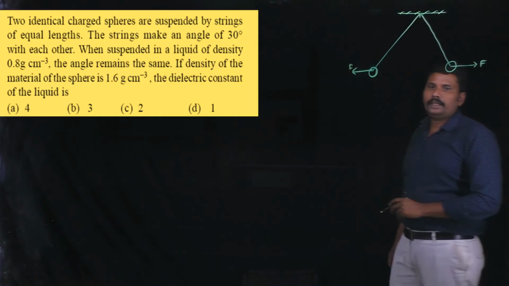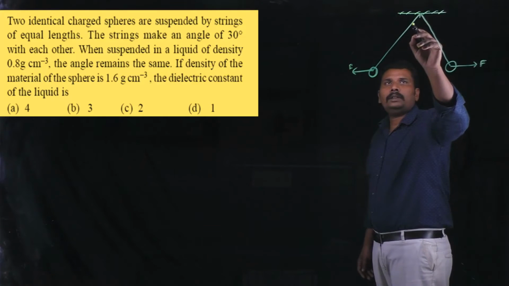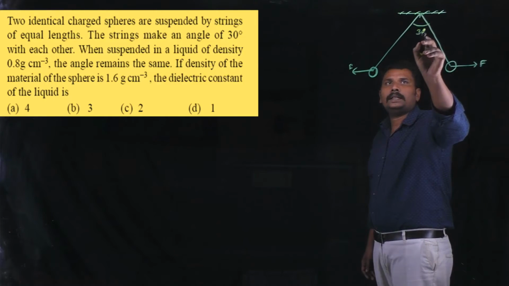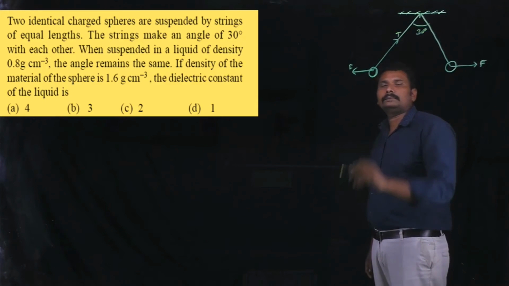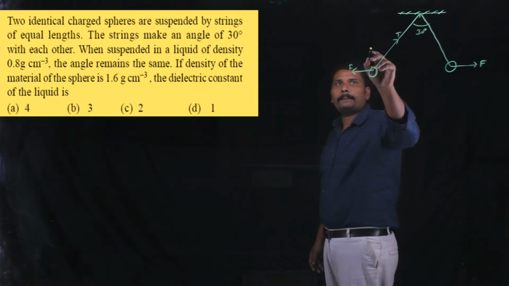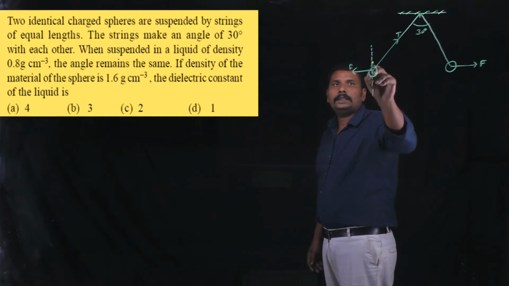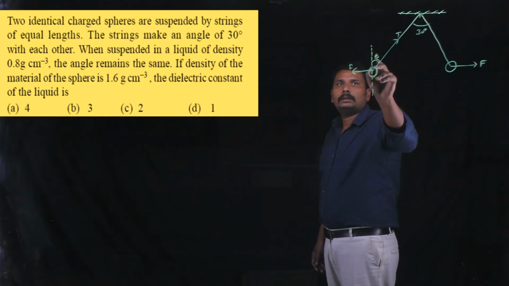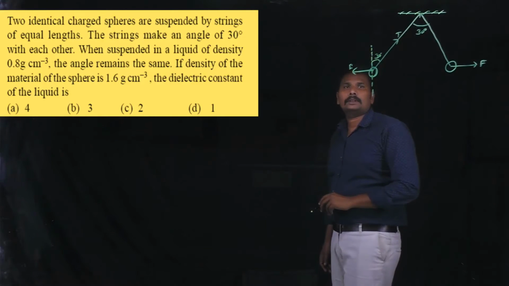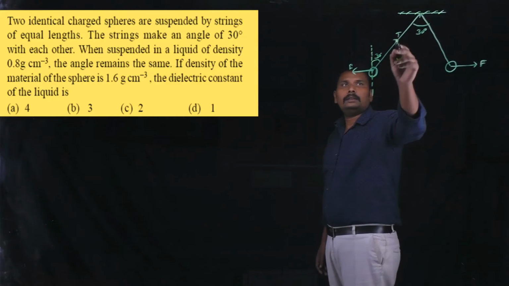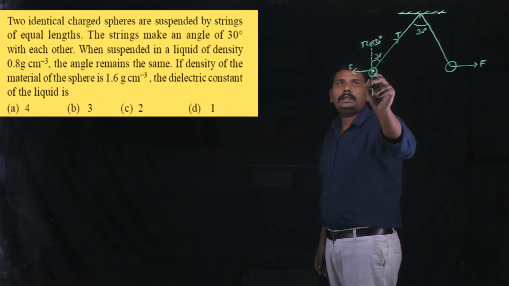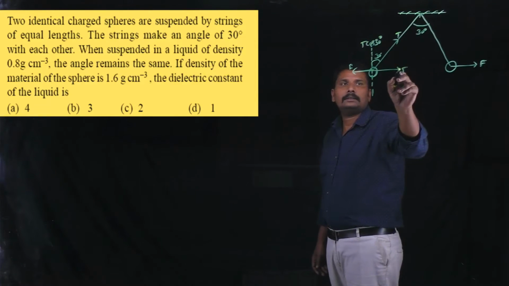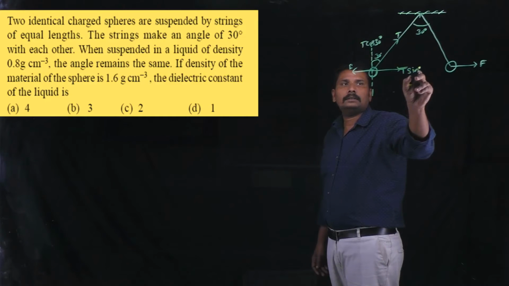From the given data, the angle between those two spheres is 30 degrees, and this is the direction of the tension. By resolving here, this is also 30 degrees. By resolving this T, it is T cos 30 degrees, and this is T sin 30 degrees.